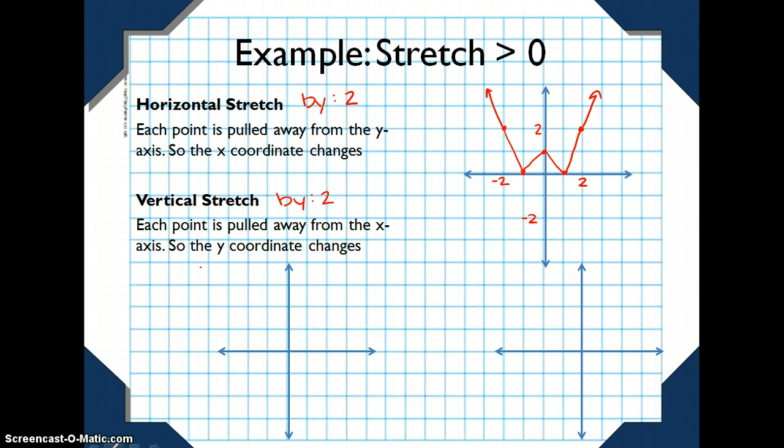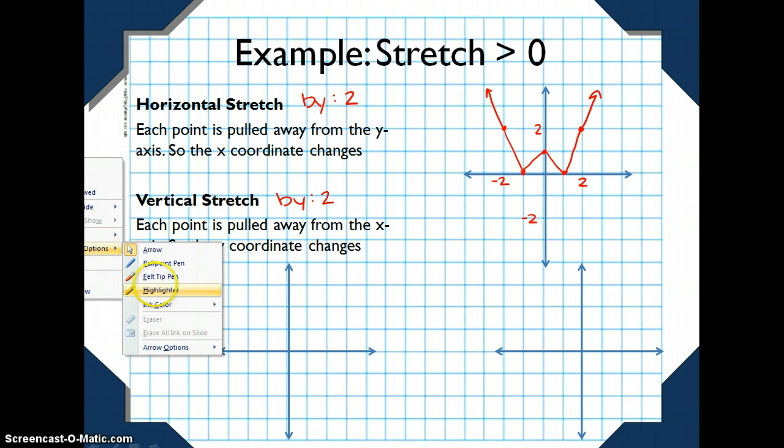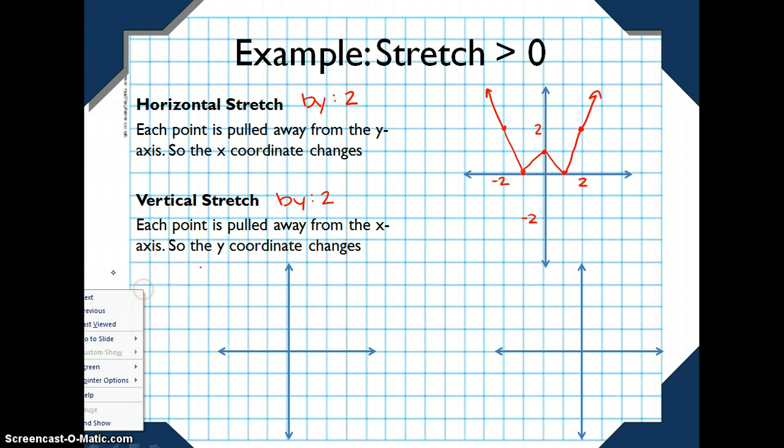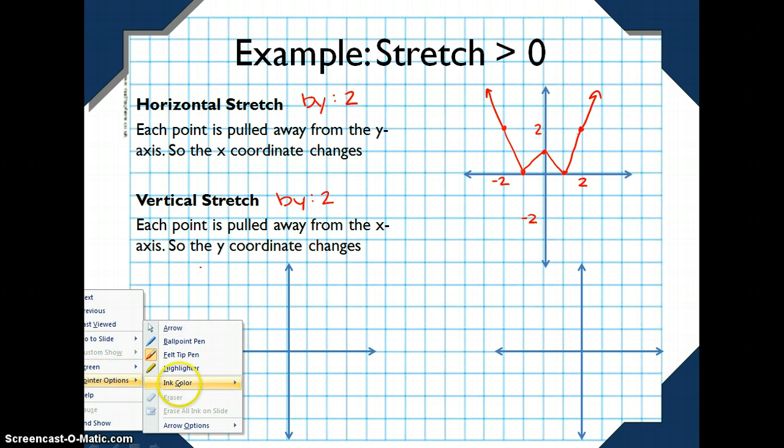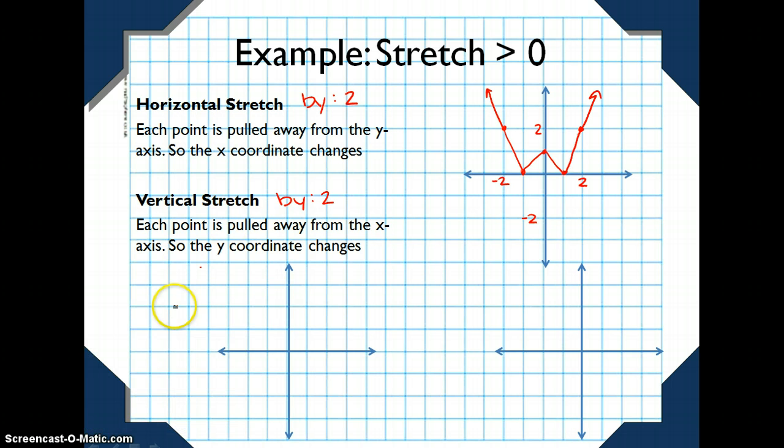So if we were to take the graph that we have and set it up for stretch, we have 5 points, 1, 2, 3, 4, 5.